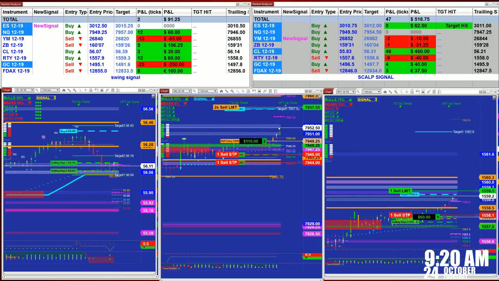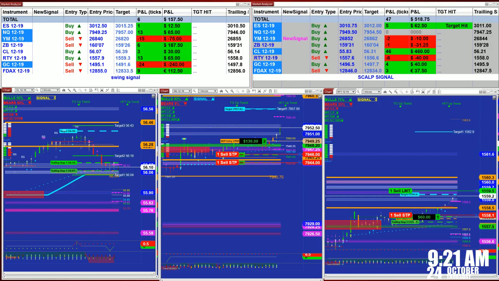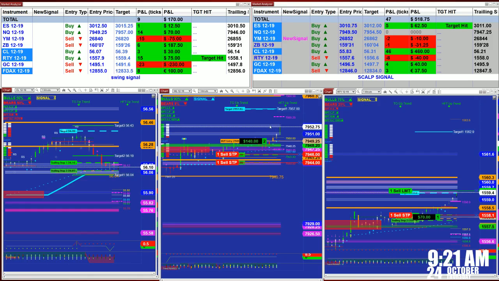As we see, the Nasdaq is troubled in this area. If we are breaking it, that means we have a breakout on the Nasdaq, and that will be really nice if we are able to break this last level here. And we are 2 ticks from closing the Russell.